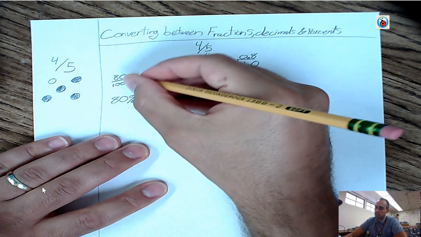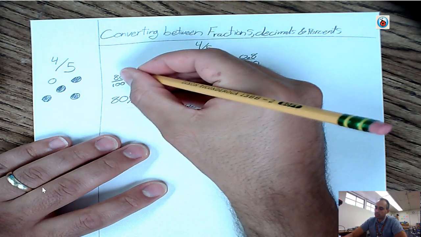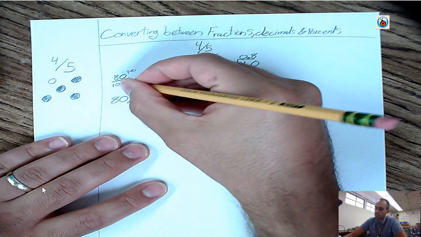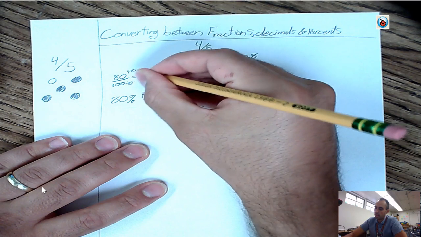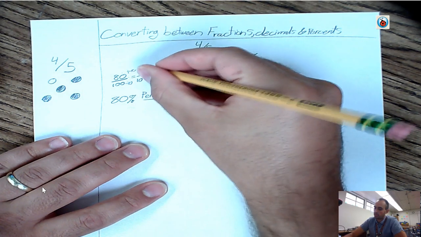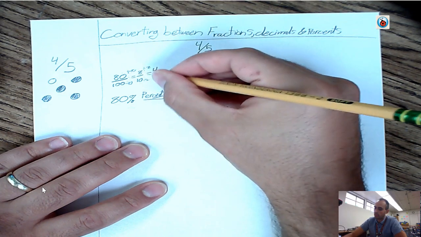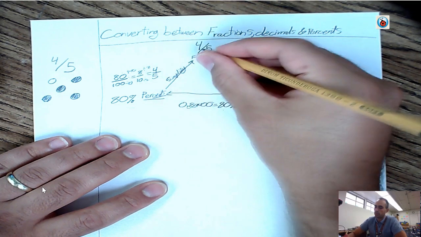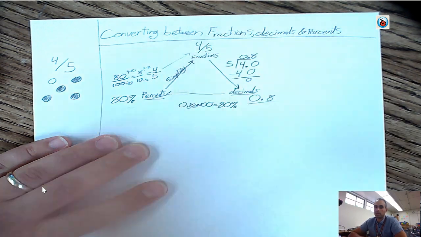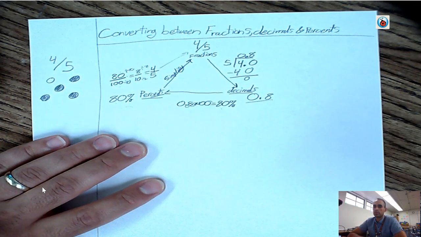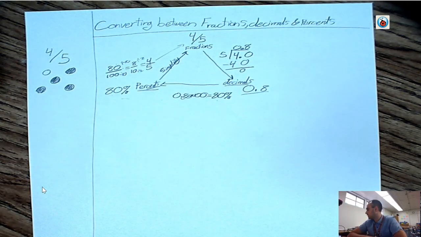I can divide the top and bottom by 10. I'll get 8 over 10. Divide top and bottom by 2. I'll get 4 over 5. And that's my 4/5 fraction right there. Done. So that's how you convert between fractions, decimals, and percents.